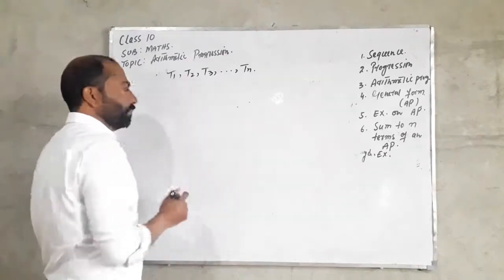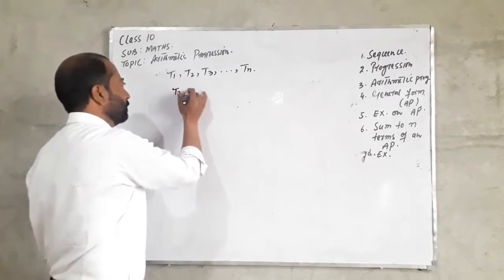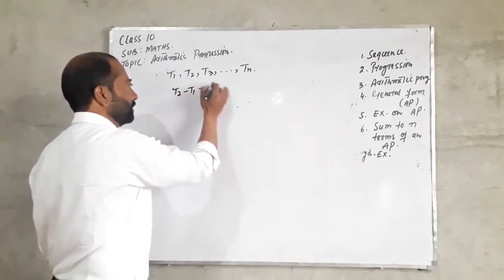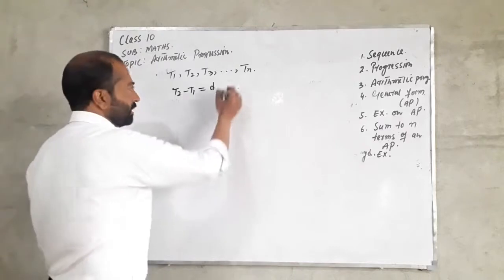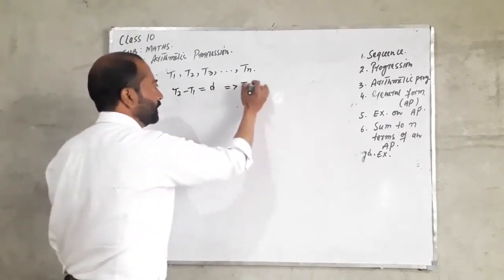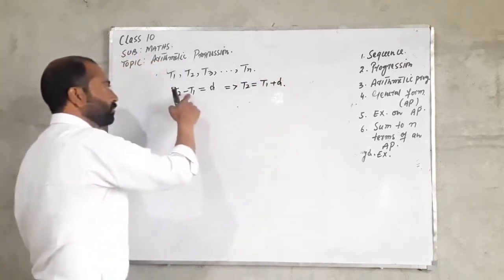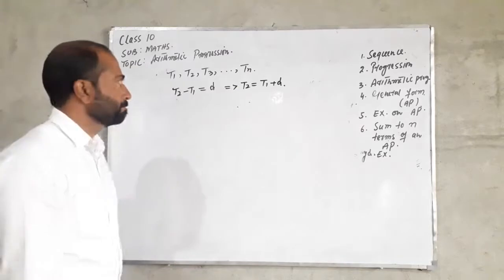Look here, following the definition of an arithmetic progression, we can write T2 minus T1 is equal to D. This will clearly imply that T2 is equal to T1 plus D when you transpose this minus T1.